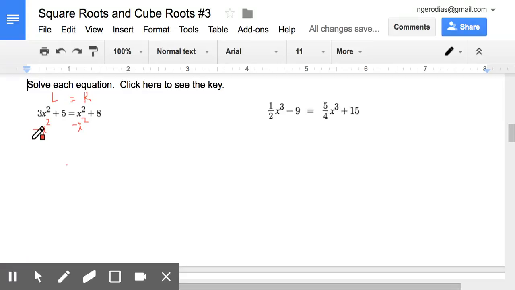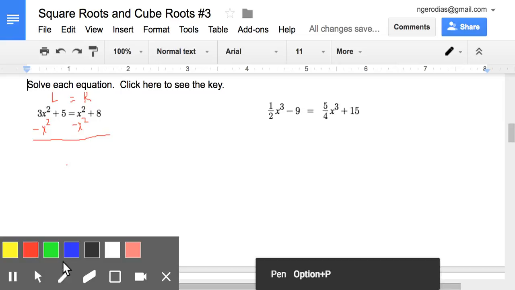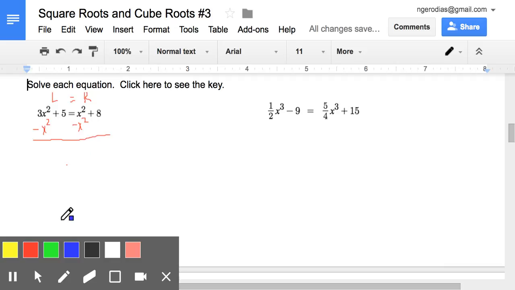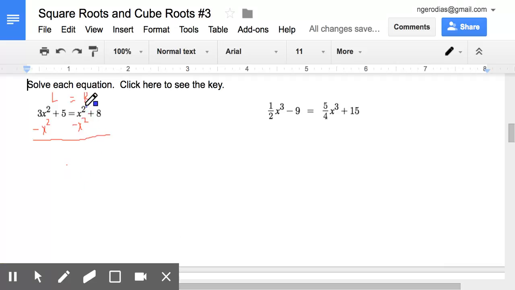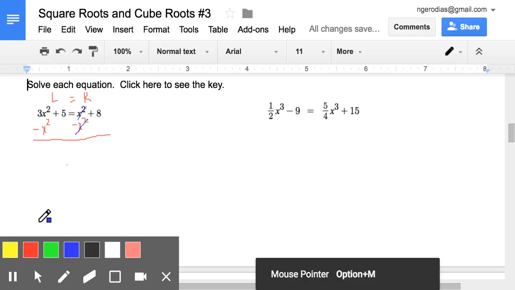So minus x squared from the left and minus x squared from the right. Now this gets cancelled here. x squared minus x squared is 0.